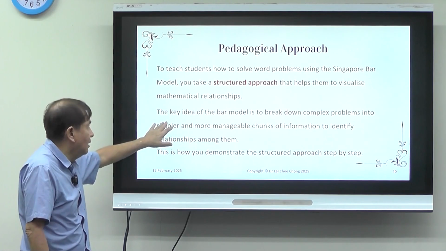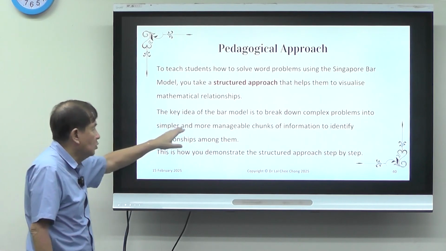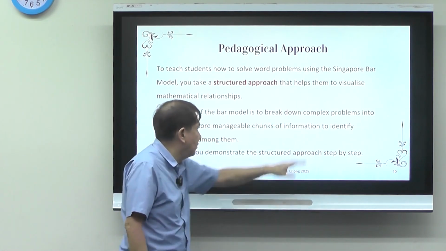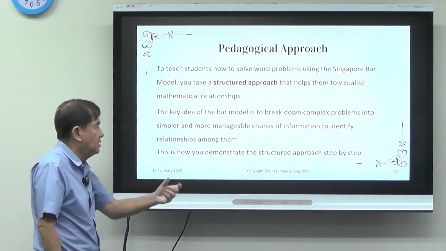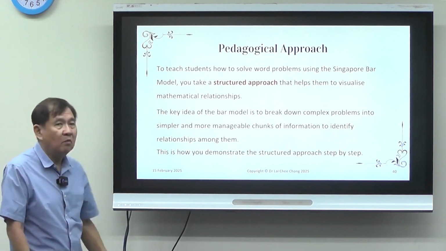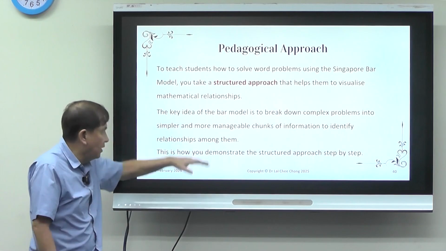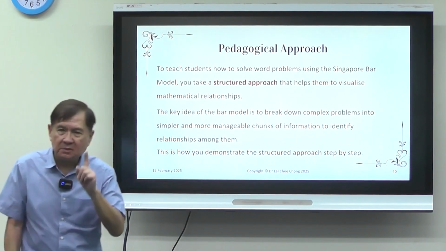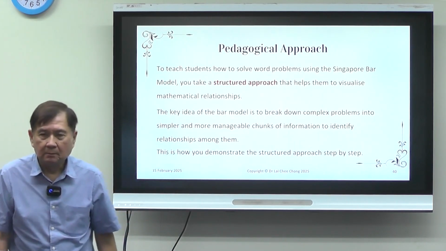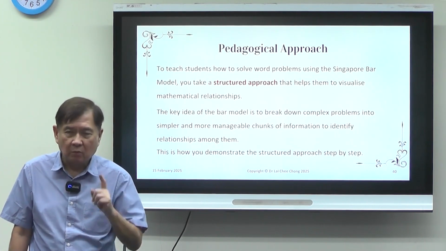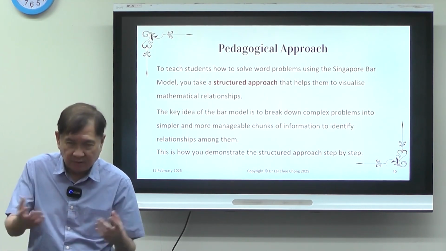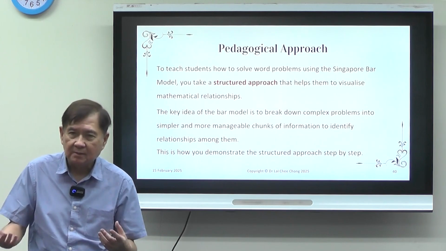Now, the key idea of bar model is to break down complex problems into what? Simpler and more manageable chunks of information. For what purpose? To identify relationships among them. That's the whole idea. In bar model, students must learn how to identify relationships among the different objects, different quantities.